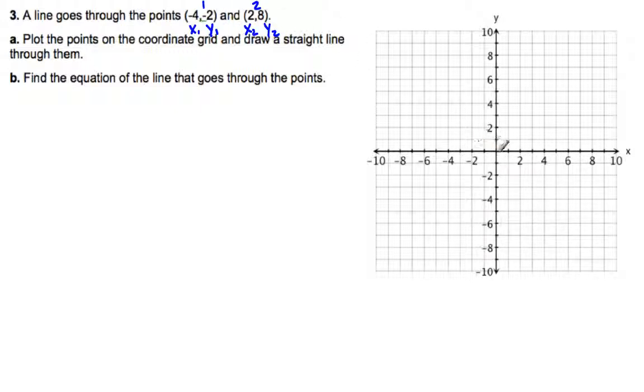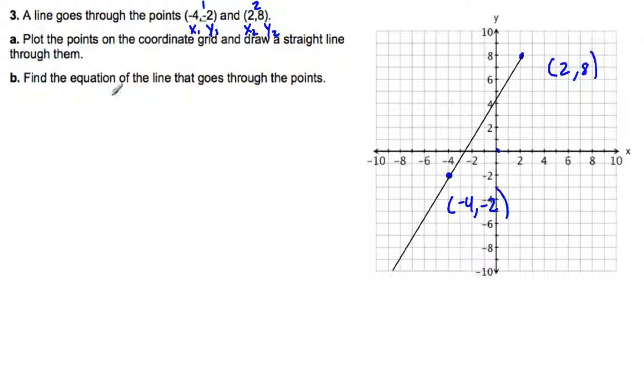Negative 4, negative 2 is going to be right here, and 2, 8 is going to be right up top. Let's put a line in there so we can see what's going on. It's going to look about like that.